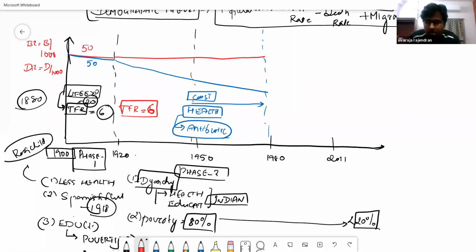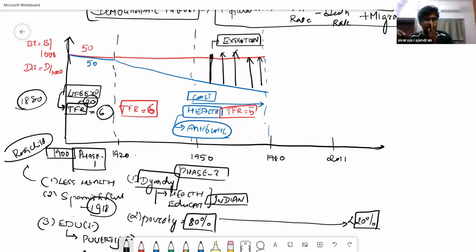In this period 6, in this period 5, it was high. As a result, if you see the growth of population, it keeps increasing. This is what is called population explosion.